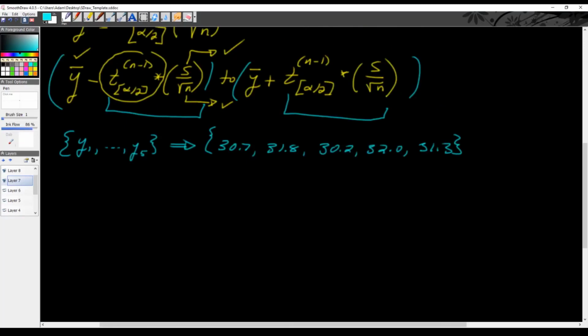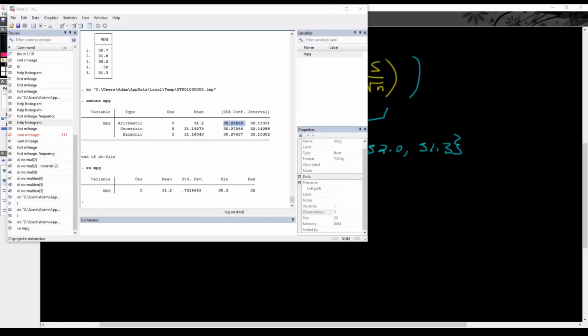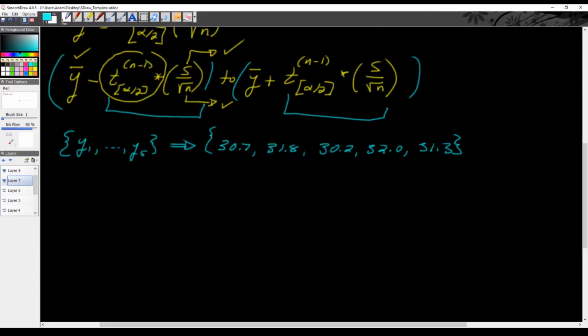So let's solve for this by hand just so that it's clear that it's easy to do. The only thing we really need to find is the critical t-value. We're just going to do this by hand very quickly. We won't do a lot of this stuff by hand because it just takes too long.